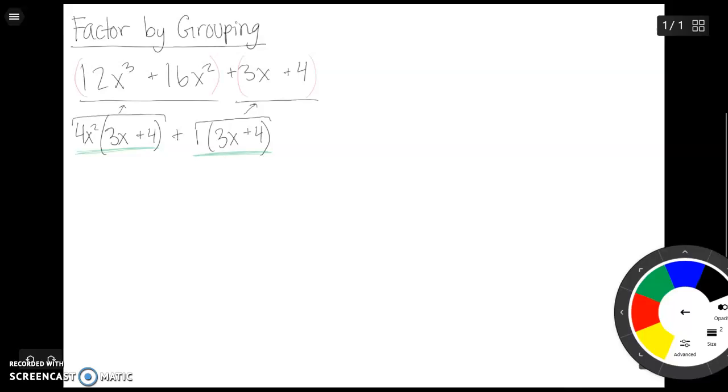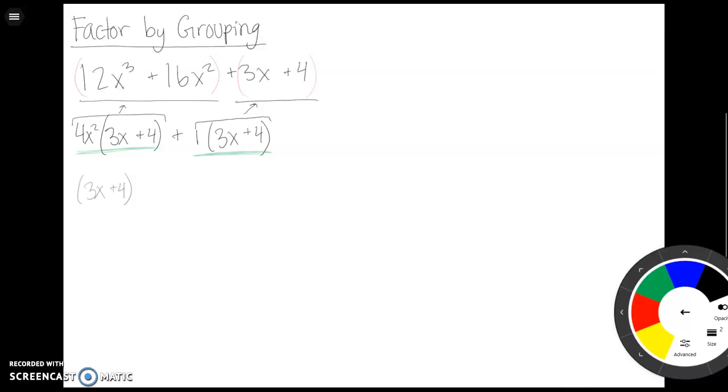And what I'm going to try to do is factor the greatest common factor out of these two terms. What I mean by that is that both of these terms have a 3x plus 4 in them. So I'm going to think about factoring a 3x plus 4 out of both of the terms that are underlined in green.